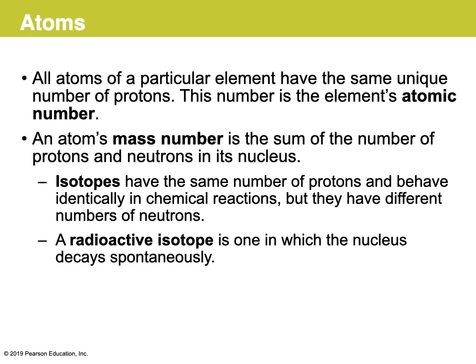Now, all atoms of a particular element have the same unique number of protons, from the table earlier. That number is the atomic number. An atom's mass number is the sum of the number of protons and neutrons in the nucleus. You might say, well, what about the electrons? The electrons have so little mass, they basically don't count.